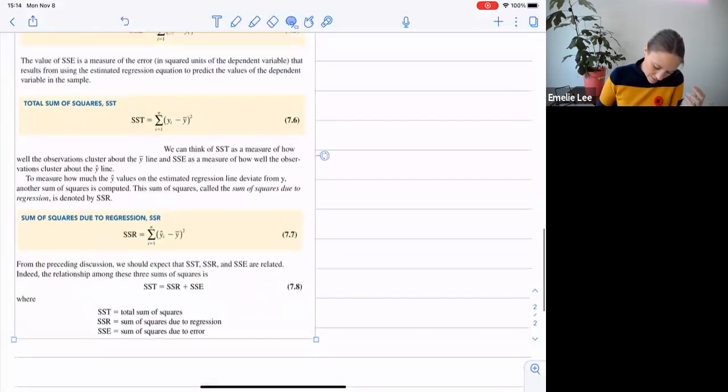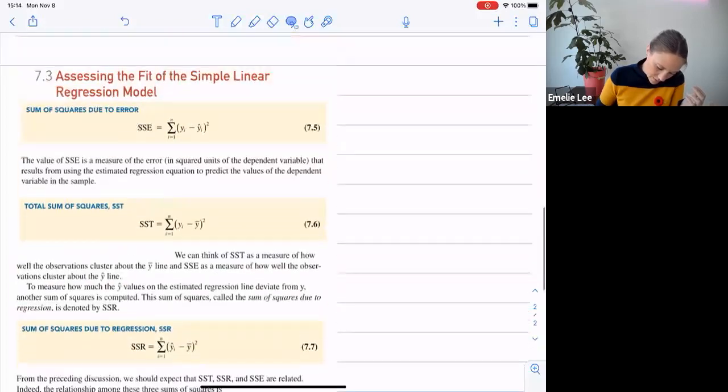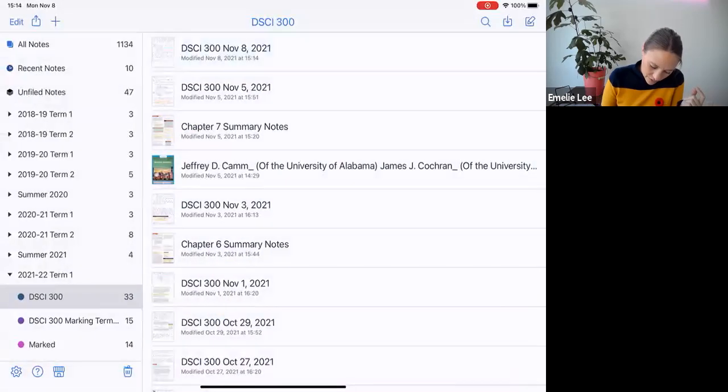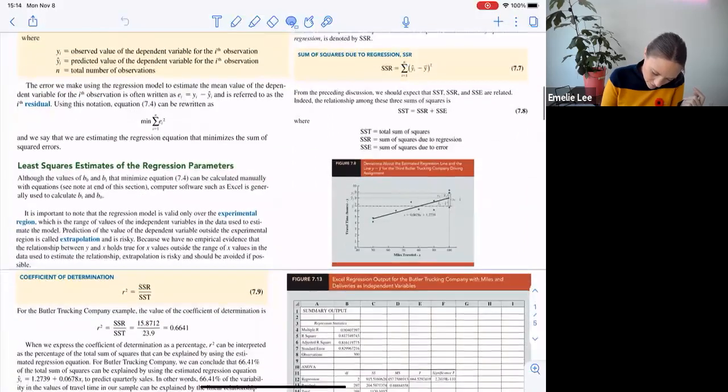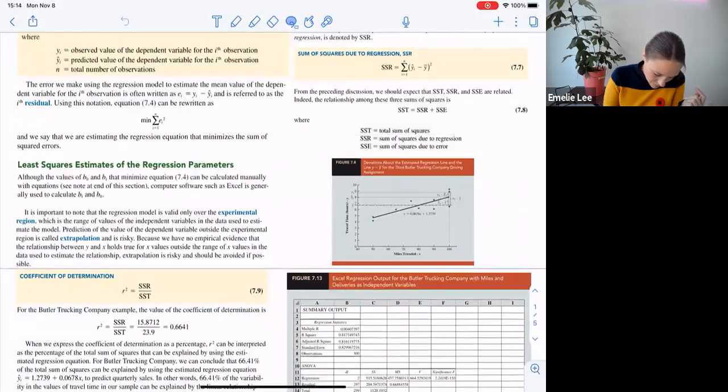So here, let me just make this a little bit bigger. And I also want to grab this graph. Copy.